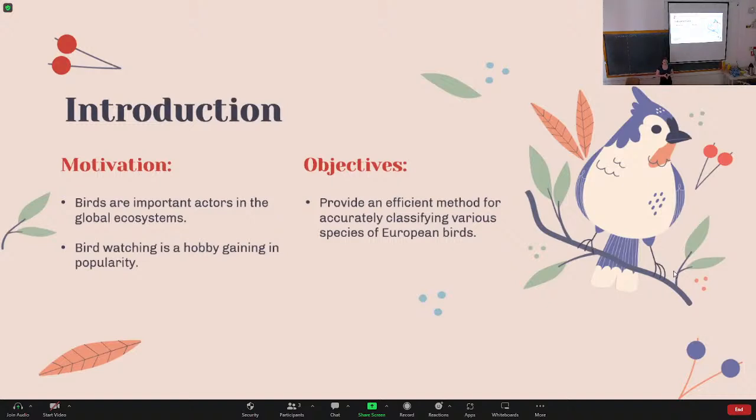However, the extinction risk among avian families is a serious threat that can reveal more matters of concern. So in this context, we aim to provide an intelligent classification system for accurately classifying various species of European birds from both high and average to low quality images.